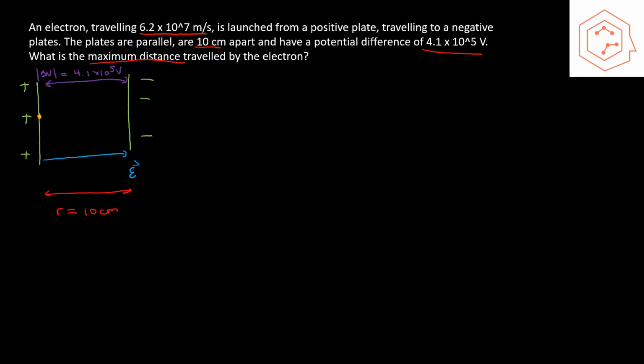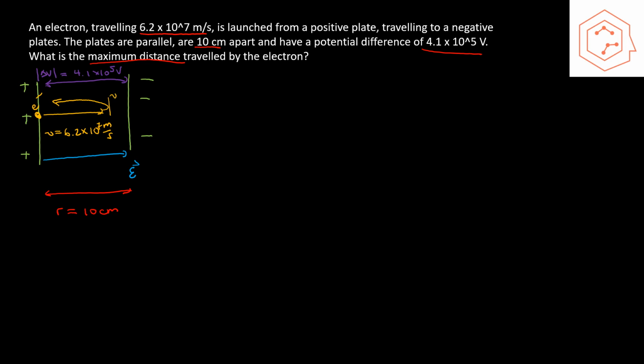So we have our electron, which is negative, and it has an initial velocity, v, equal to 6.2 times 10 to the 7 meters per second. Since the electron has a negative charge and this is a negative plate, the negative plate is going to repel the electron, so the electron is eventually going to turn around.